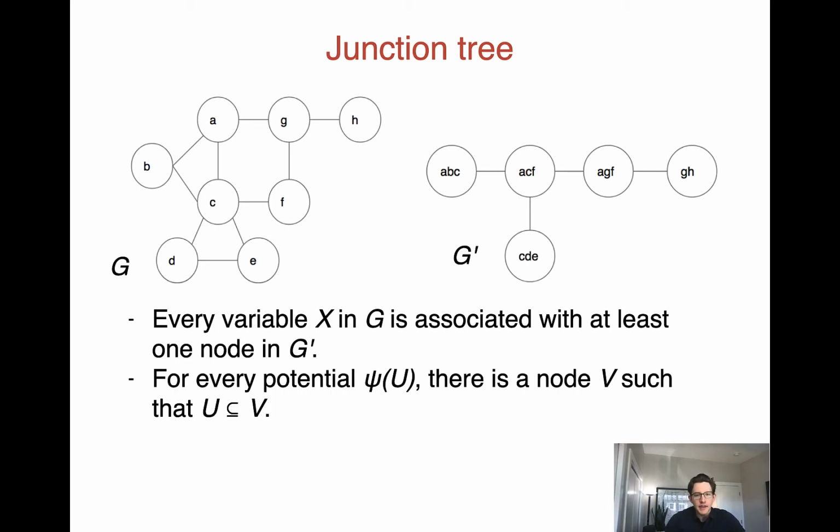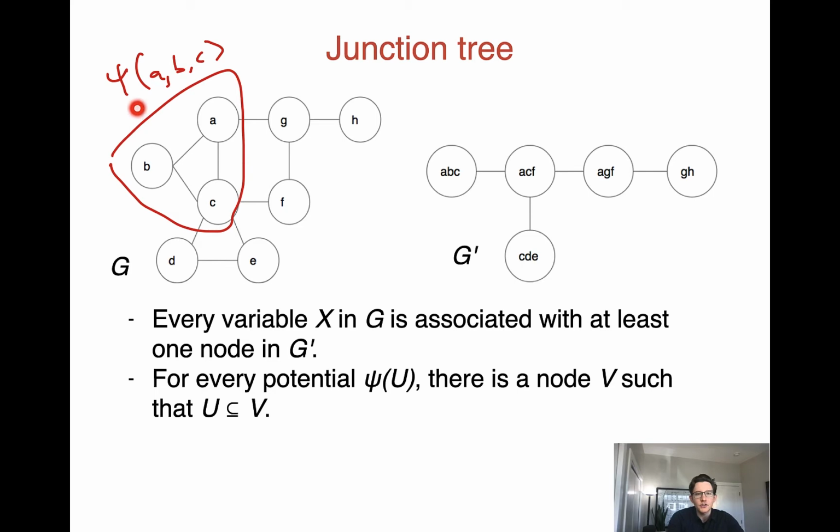Second, it has to be the case that for every potential in G, where this potential is over some subset of nodes U. So recall that if we have a Markov random field, for every clique in G, we can have a potential that goes over the nodes in that clique.